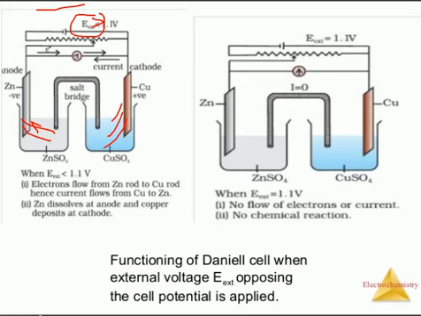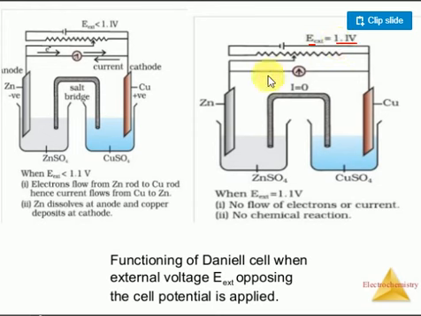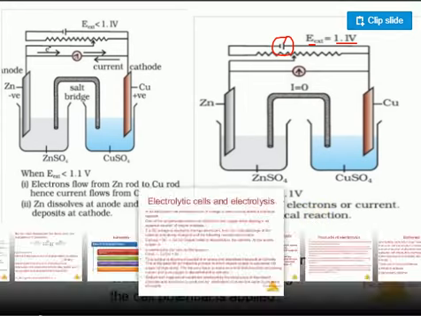Clear, no? Suppose the outside battery voltage equals the voltage this cell produces, the same volts. Then the reaction reaches equilibrium. No flow of electrons will occur, no change in the chemical reaction takes place. This is very important, students.